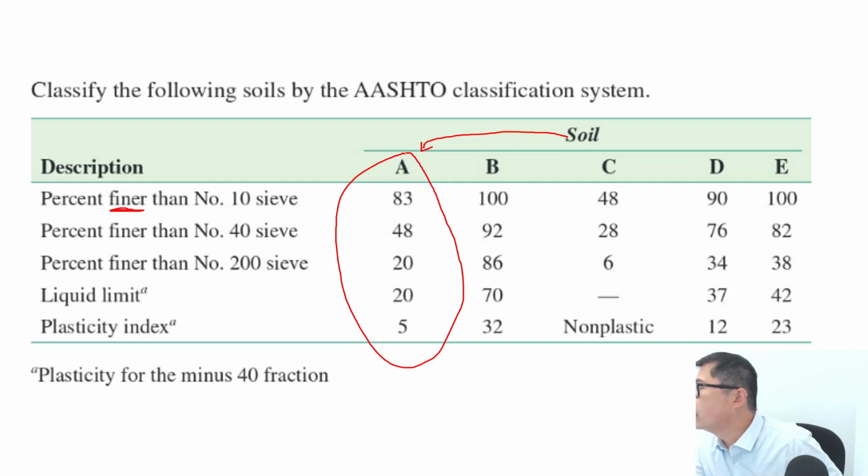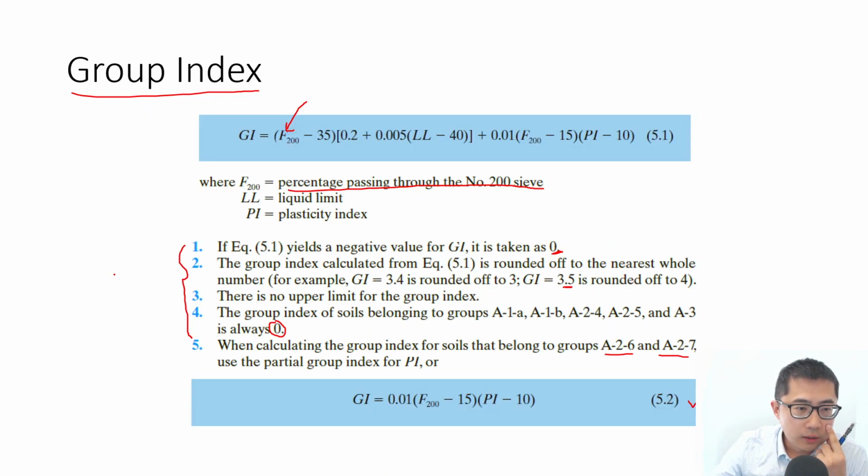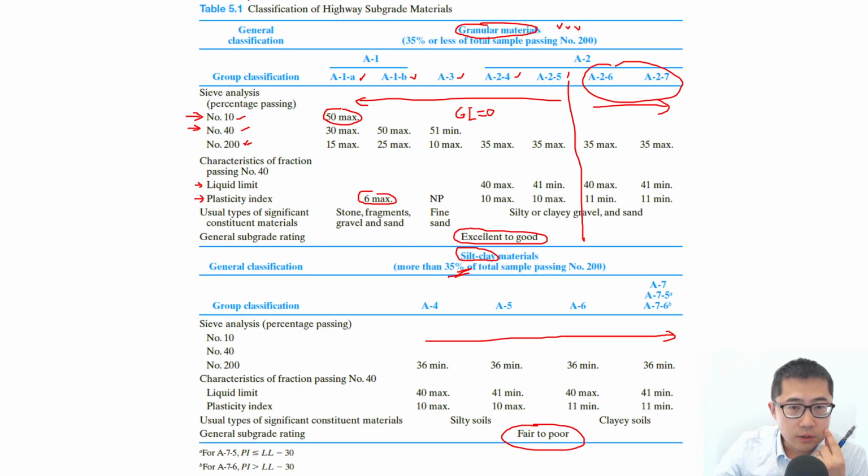Let's go back to the table and do that. Let's look at this table over here. Number 10, you have 83. So 83 is definitely not going to be A1A because it's 50 max. So let's move on to the next one, A1B. Oh, you know what?